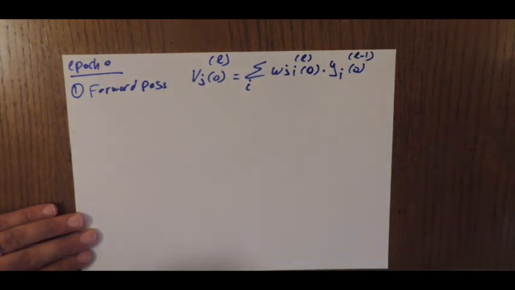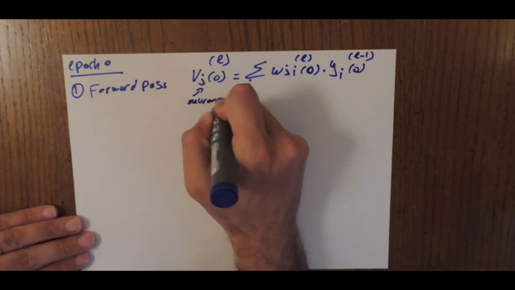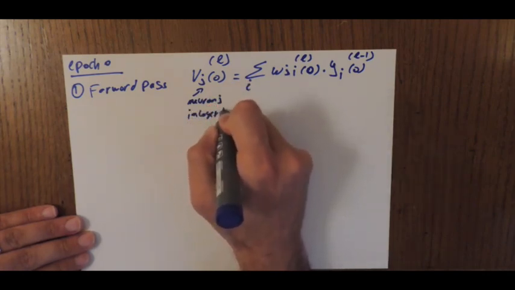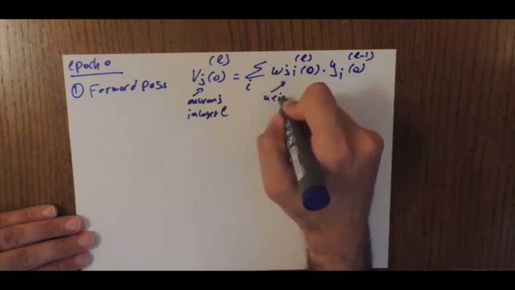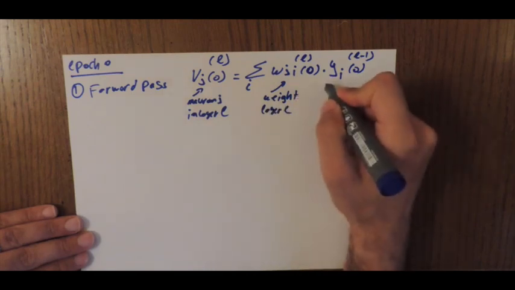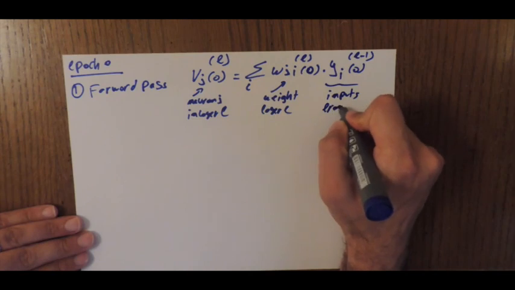Okay. So in this case, this is neuron J, okay, in layer L, and this is the weights, of course layer L as well, and these are the inputs from previous layer.